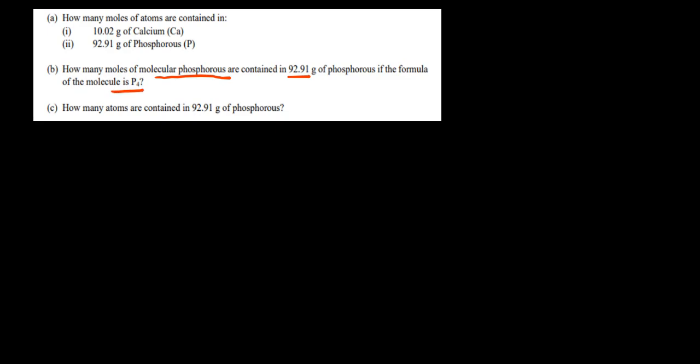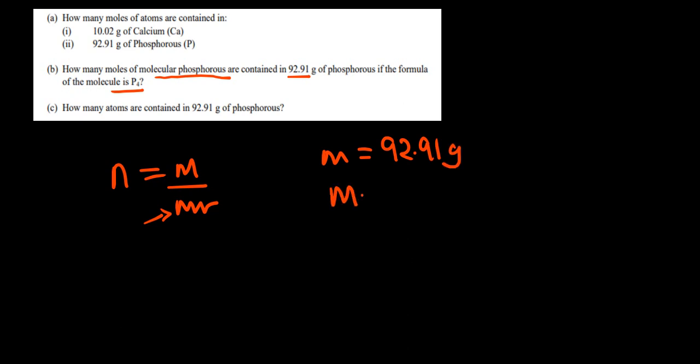So we know that for moles, you're just dividing the mass over the molar mass, but here this molar mass will be the molar mass for the molecule of that phosphorus. The mass will still be 92.91 grams, but since we are now considering molecular phosphorus, we look at its formula, which is P4.